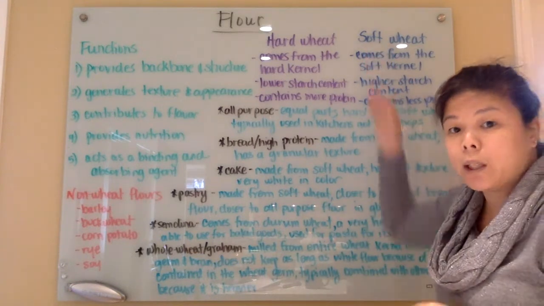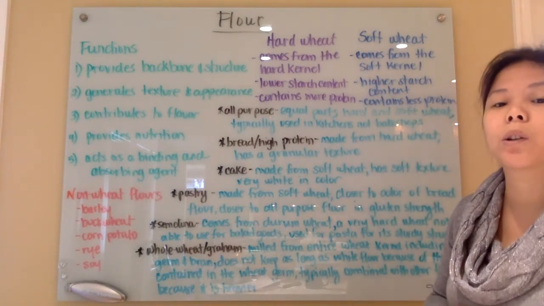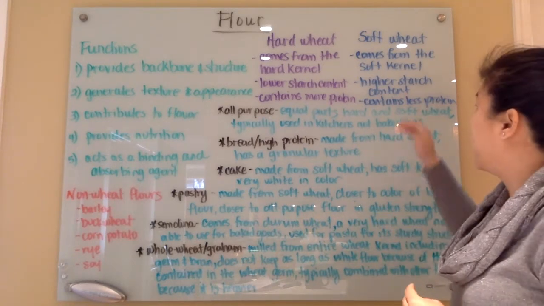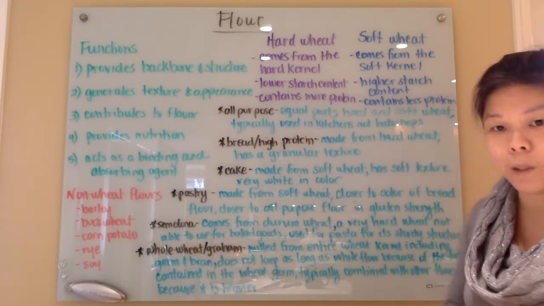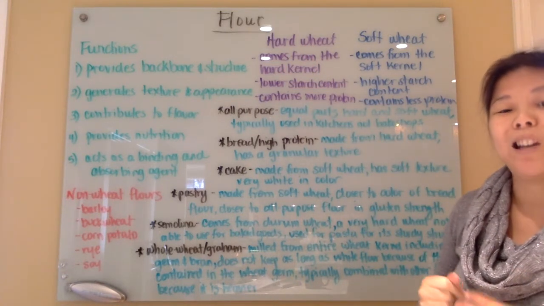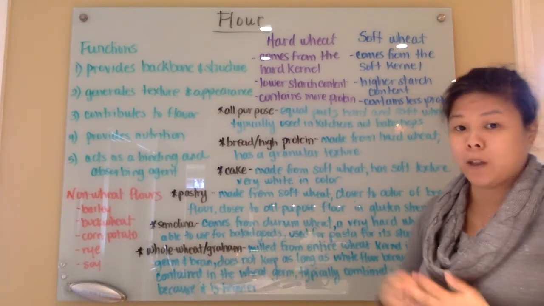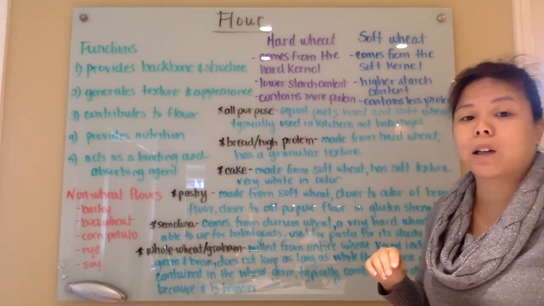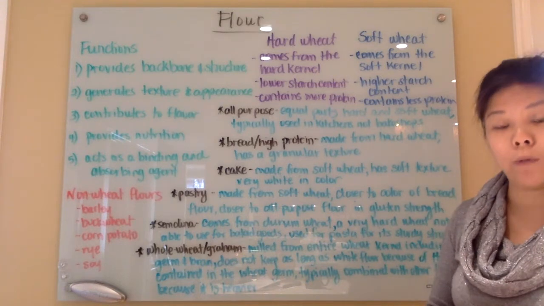Whereas soft wheat comes from the softer parts of the kernel and provides a higher starch content and contains less protein. Common hard wheat flours are bread or high protein flours. Common soft wheat flours are cake flour or pastry flour.